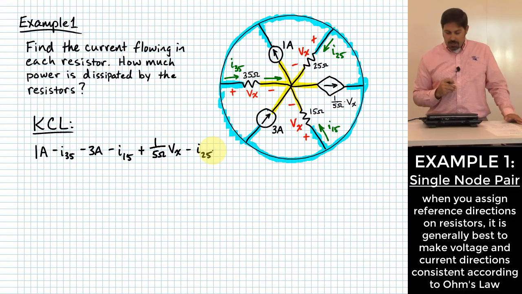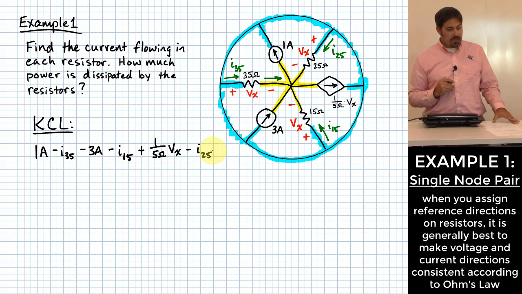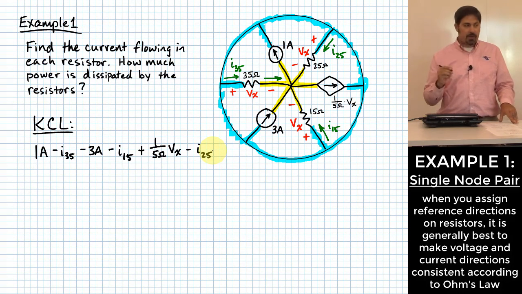I chose the direction for I-35, I-15, and I-25 so that it was consistent with my assumed direction for Vx. So in other words, if Vx turns out to be positive, then I-35 will also be positive, and I-15 will also be positive, and I-25 will also be positive.